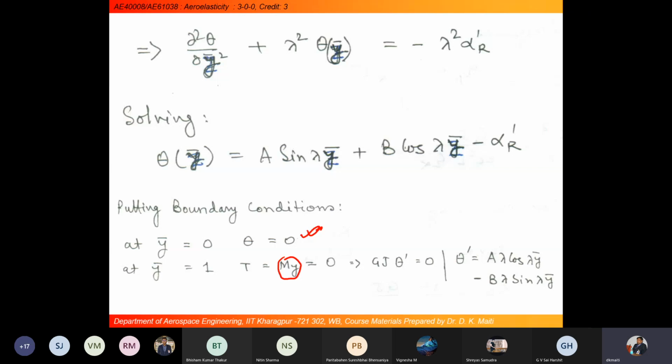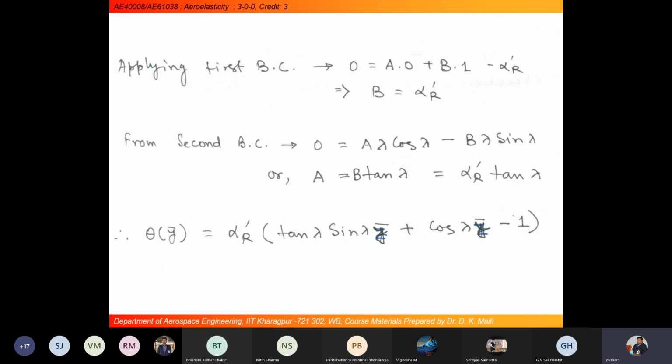Theta prime, the first derivative of theta, will be a lambda cos lambda y bar minus b lambda sin lambda y bar. Then substituting these two boundary conditions, at y bar equal to 0, theta is equal to 0, and at y bar equal to 1, theta prime equal to 0, that will give us the solution like this.